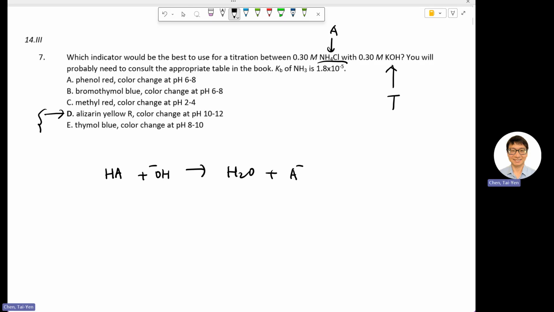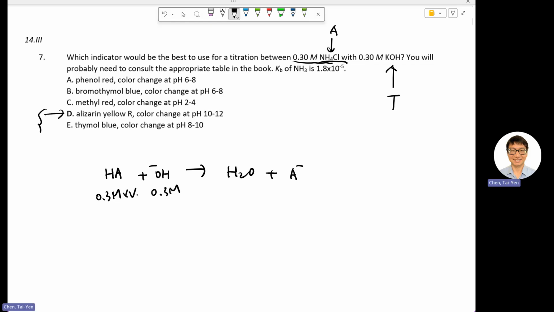If you look at the question carefully, you know the concentration is 0.3 M for both your titrant and analyte. So when you reach the equivalence point, that means you're going to have the same volume of your titrant and analyte.